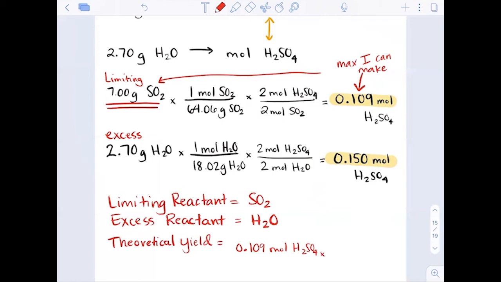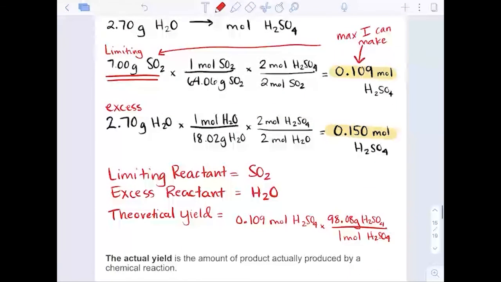All I would want to do is multiply it by 98.08 grams of H2SO4 over 1 mole of H2SO4. And that equals 10.7 grams H2SO4.